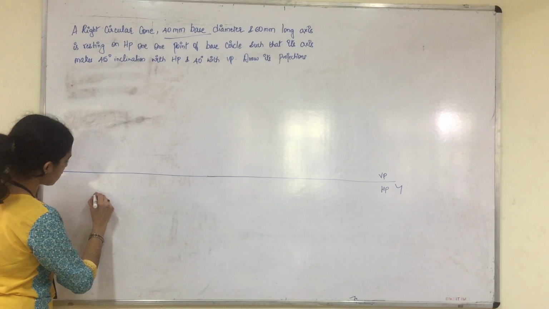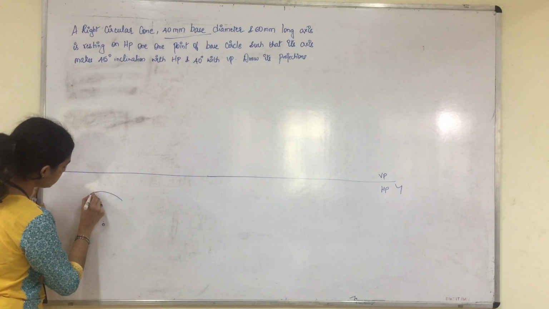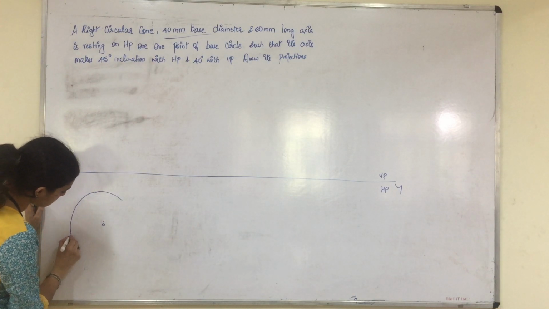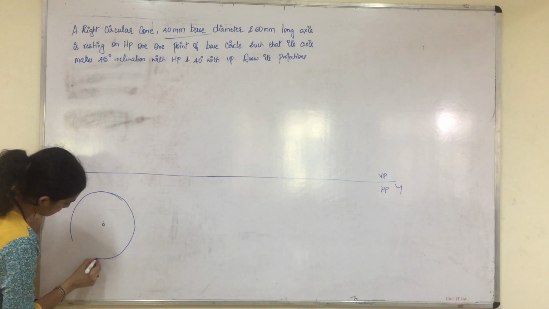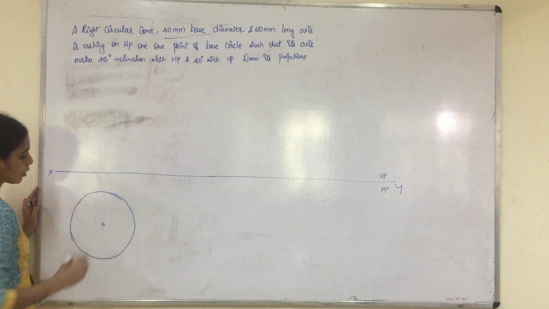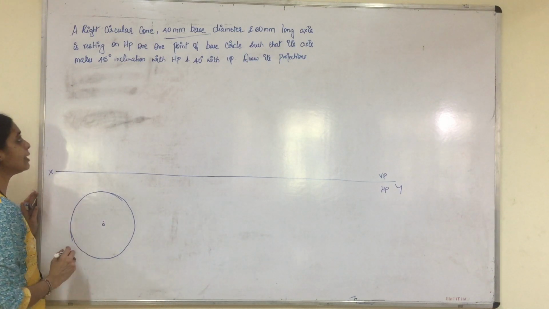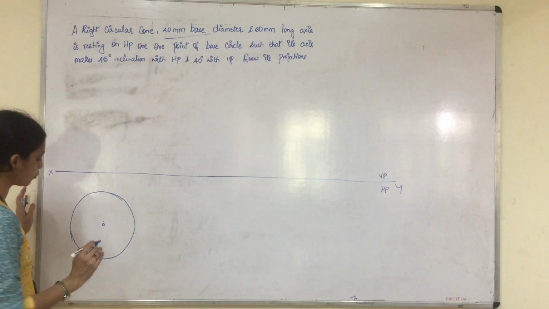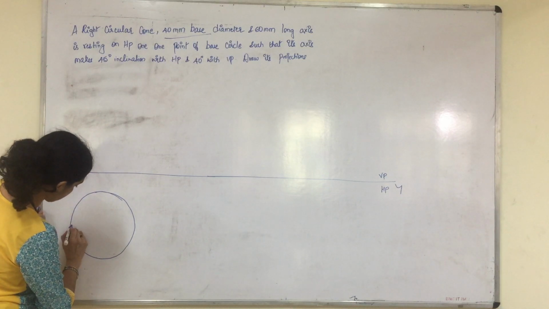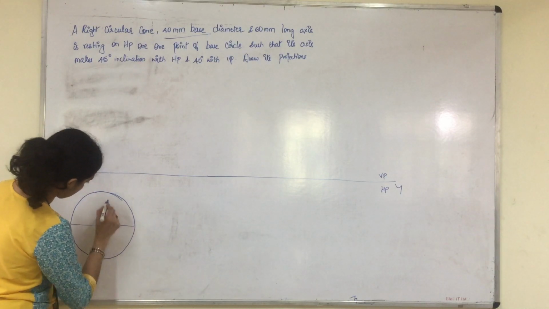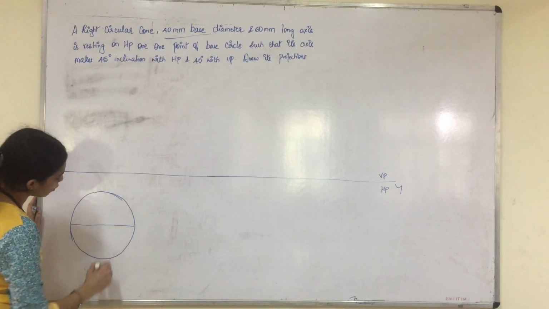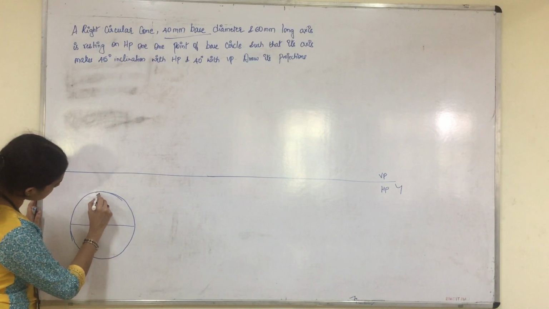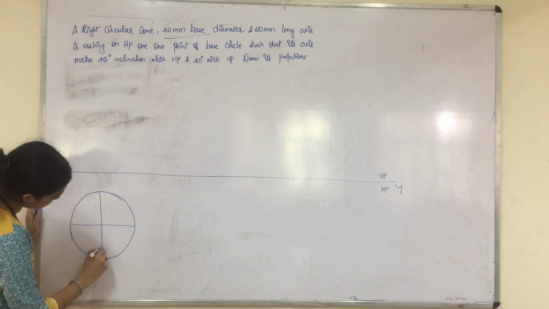I will draw a circle and divide it into 8 equal parts. Join a horizontal line, that will be the diameter. Any line you draw within the circle passing through the center will be a diameter.